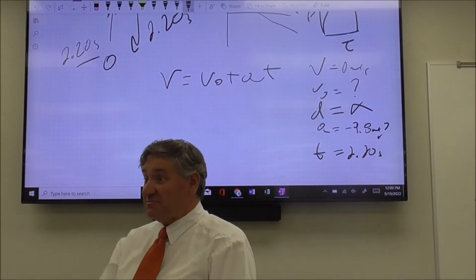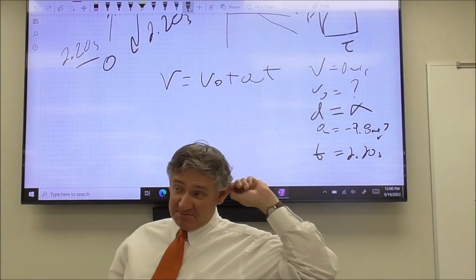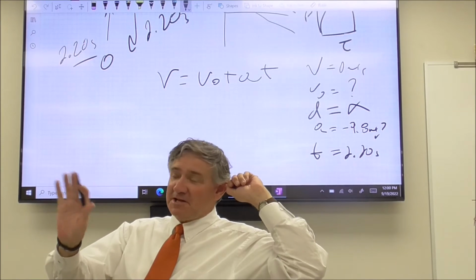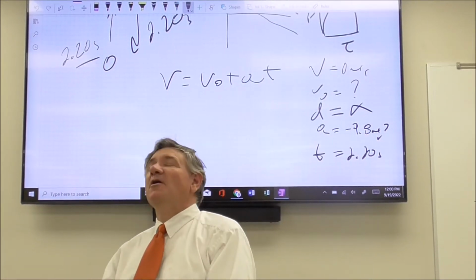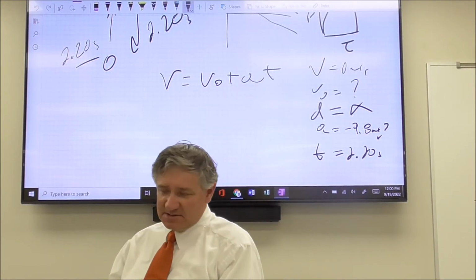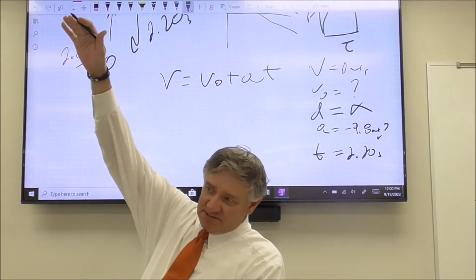Let me ask you this, literally this. Your acceleration is negative 9.8 meters per second squared, right? No, you're making this complicated. Don't make this complicated, okay? What if the initial velocity was 9.8 meters per second? How long would it take to go to 0?